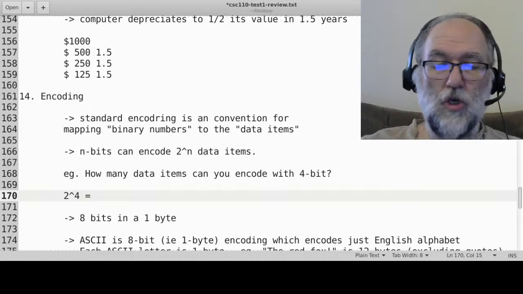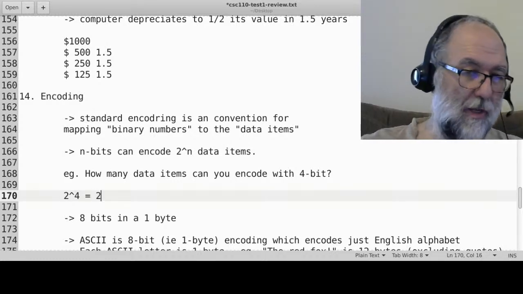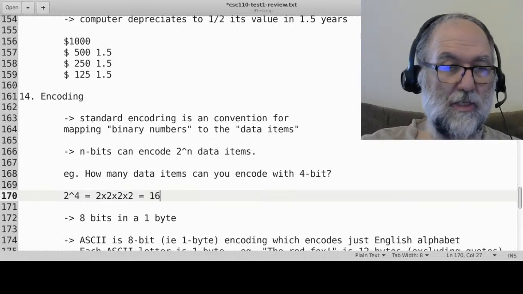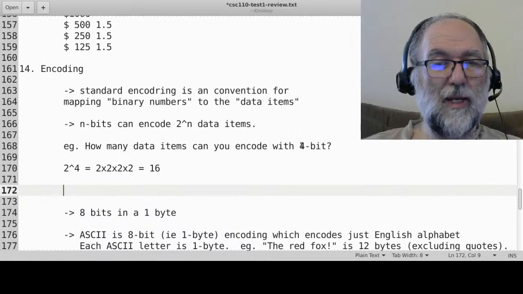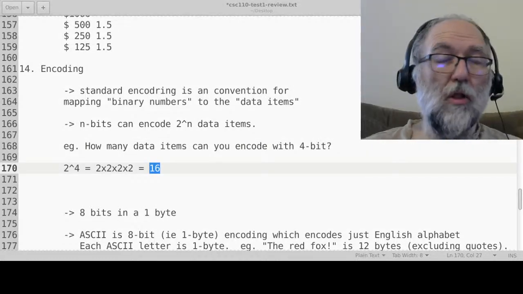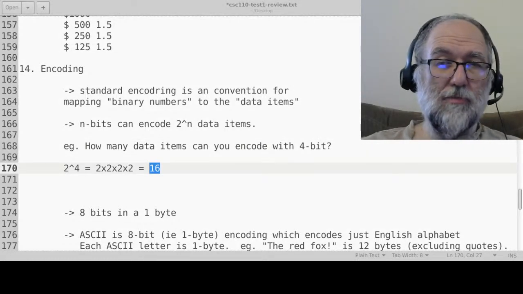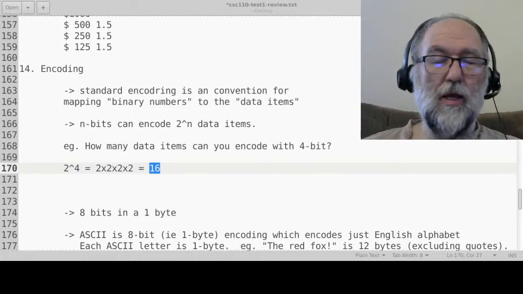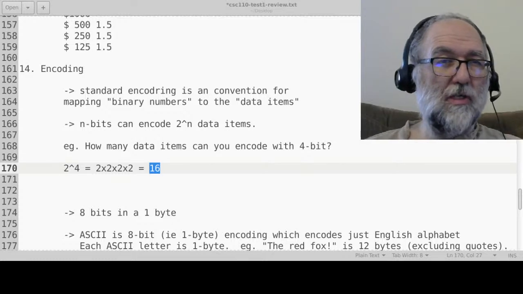You should know how to do exponentiation, but that basically means 2 times 2 times 2 times 2, which is 16. So with a 4-bit encoding, you can label 16 different data items, such that 0000 is one item, 0001 is another one, and so on. You go through all the possibilities, and there are only 16 of them.